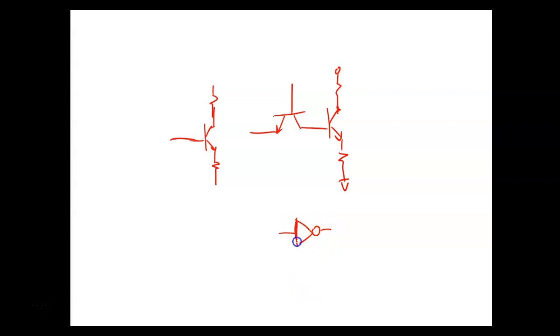No, this is a symbol for a diode. This is a symbol for a logic circuit called an inverter. That means if I put a logic 1 in, I would get a 0 out. If I put a logic 0 in, I'd get a 1 out. We talked about those in PLCs, but we didn't talk about them very long, right? Okay.